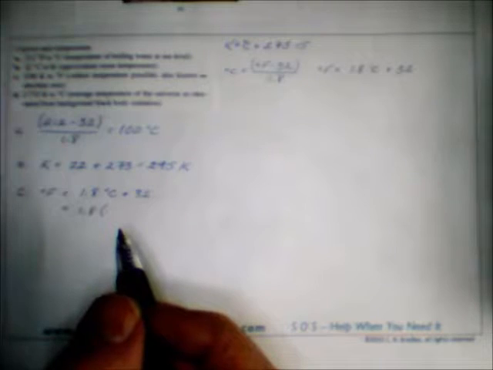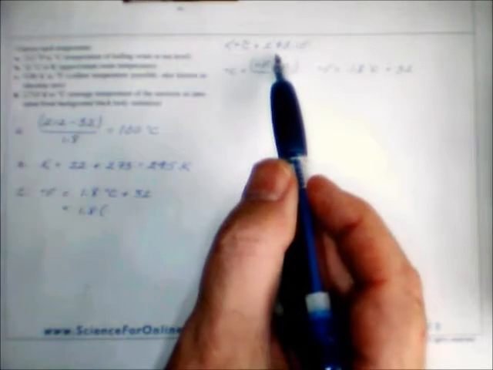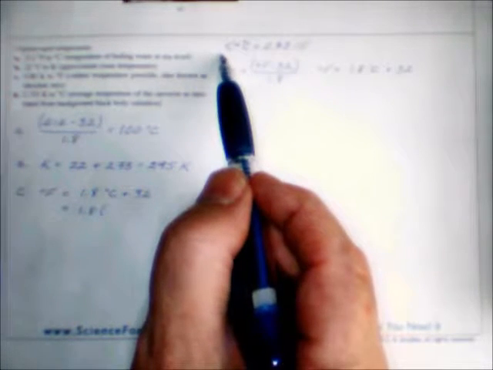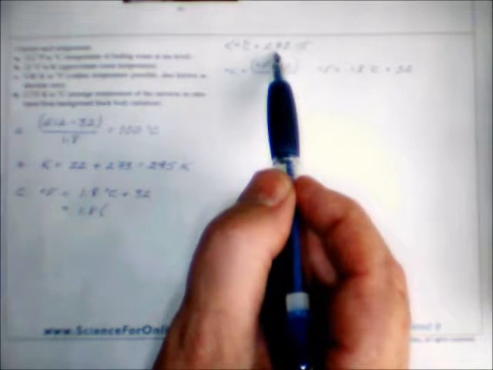And if our kelvins are Celsius plus 273, then Celsius is going to be kelvins minus 273. So we will subtract, and then we'll add back 32 degrees Fahrenheit.